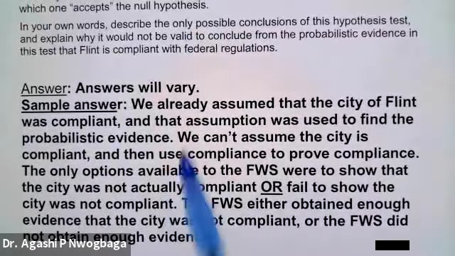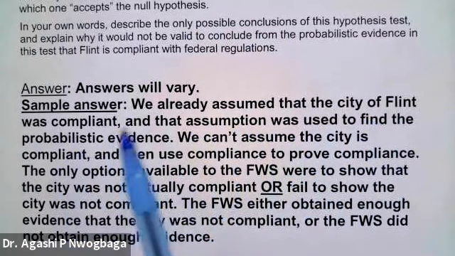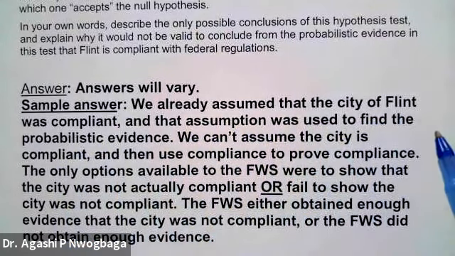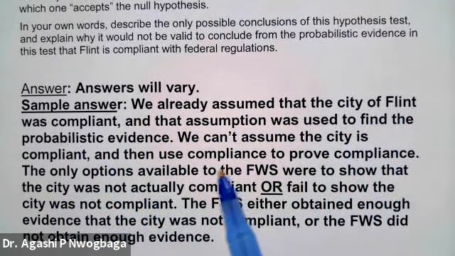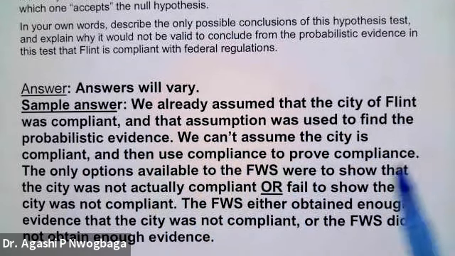And this is it. We already assumed that the city of Flint was compliant and that assumption was used to find the probabilistic evidence. We can't assume the city is compliant and then use the compliance to prove compliance. That would be funny.